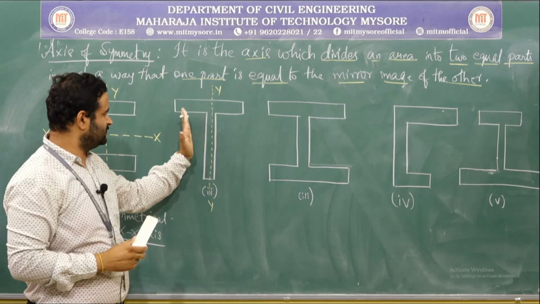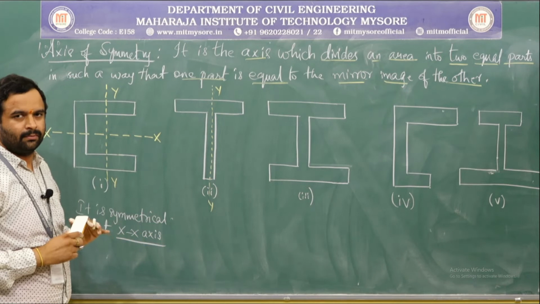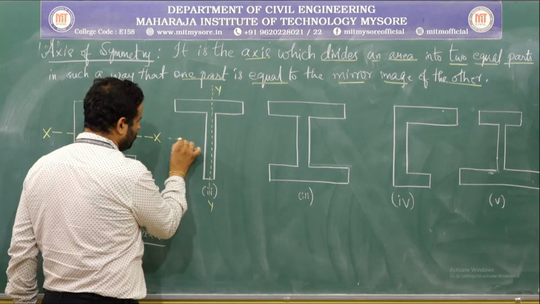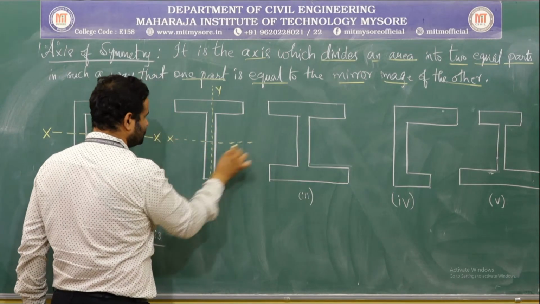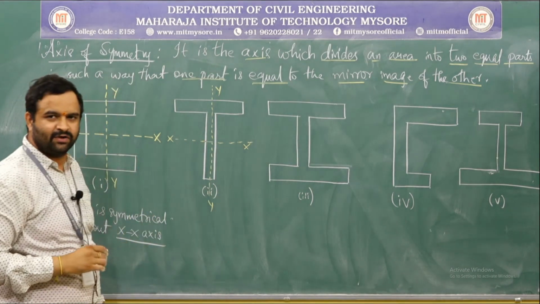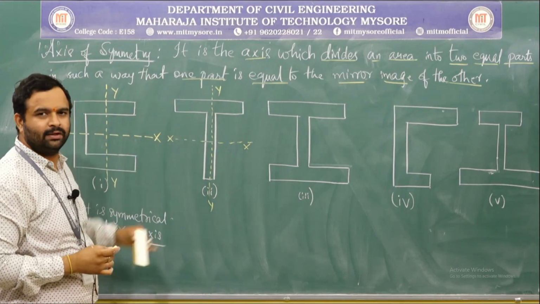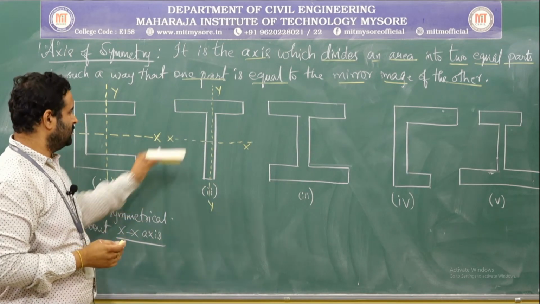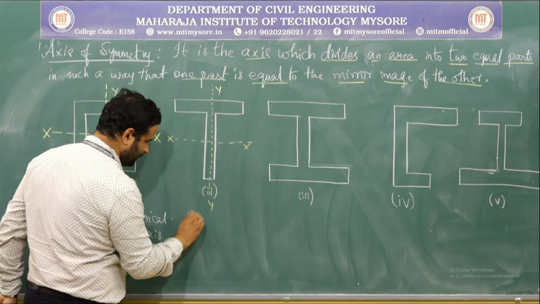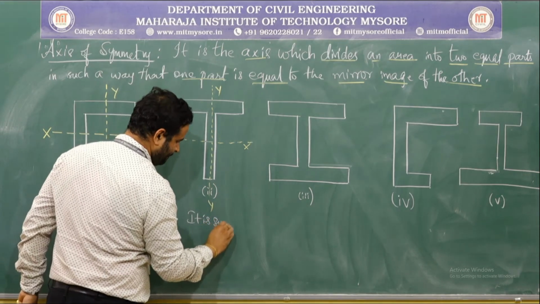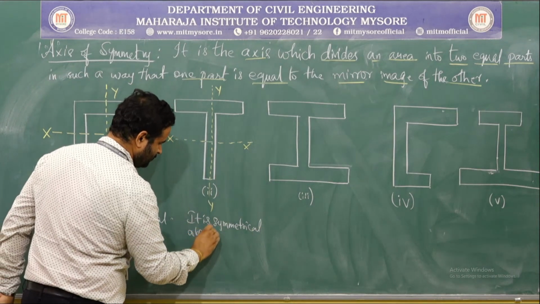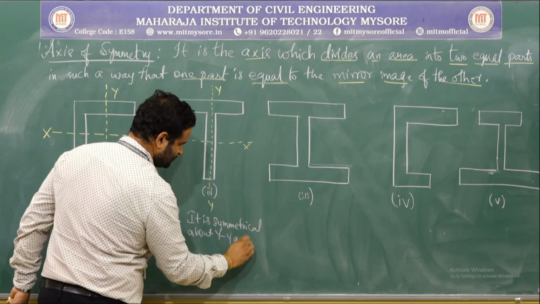So, one part is equal to the other part, that is it is symmetrical about y axis, and if I try to locate its centroid and draw the centroidal axis, so this will be its x axis, and if you cut it along x, will it be symmetrical? No, you are not going to get the mirror image of the other. Hence, it is symmetrical about only y axis.